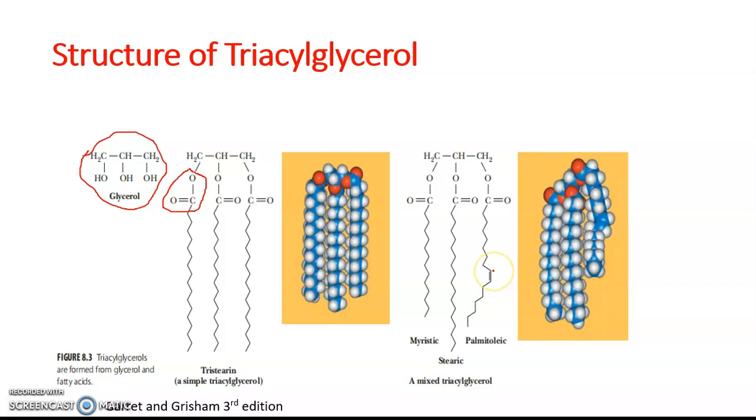So the double bond is between 9 and 10. So this is a mixed triacylglycerol. This is the structure of triacylglycerol, and this is the form in which energy is conserved or reserved in the biological system.